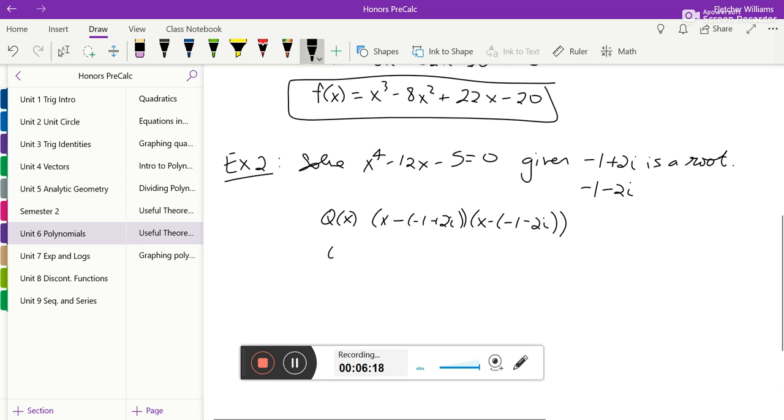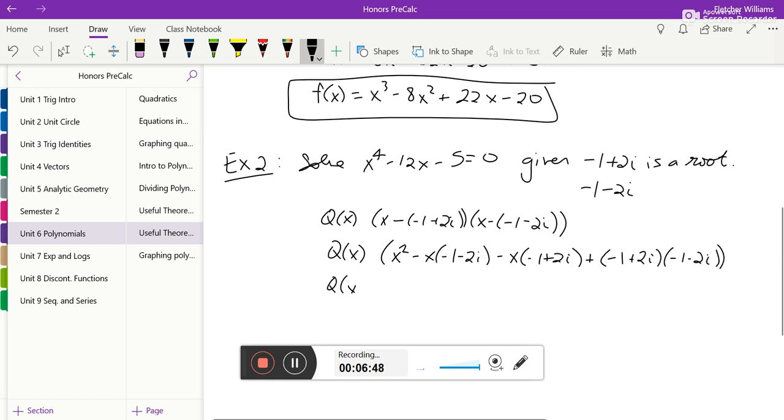So we start by FOILing those two imaginary terms. x squared minus x times (minus 1 minus 2i) minus x times (minus 1 plus 2i) plus (minus 1 plus 2i) times (minus 1 minus 2i).